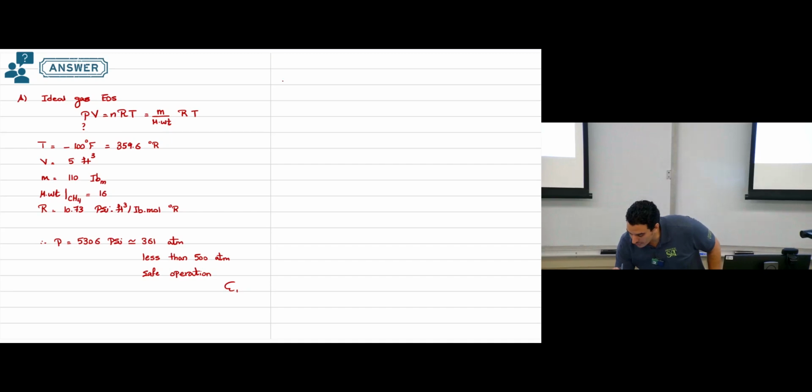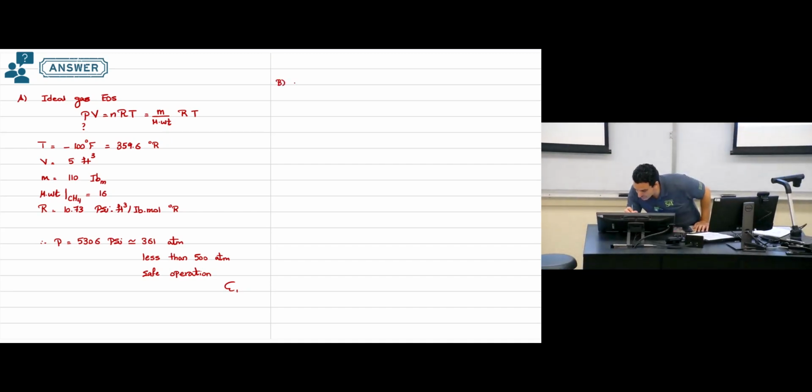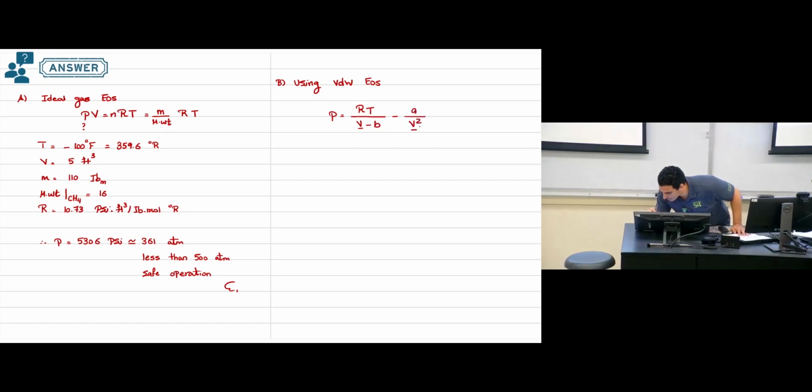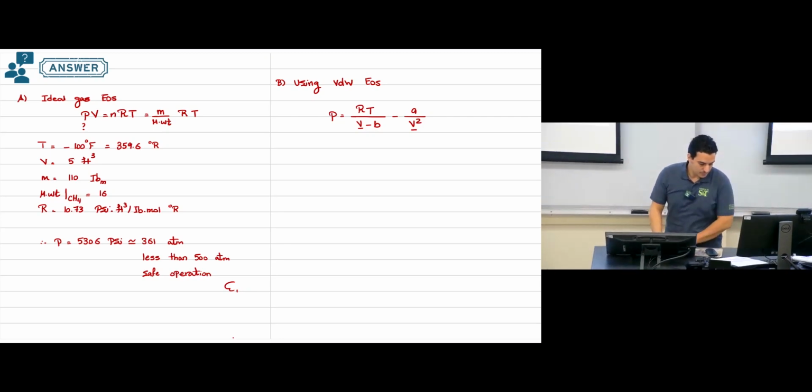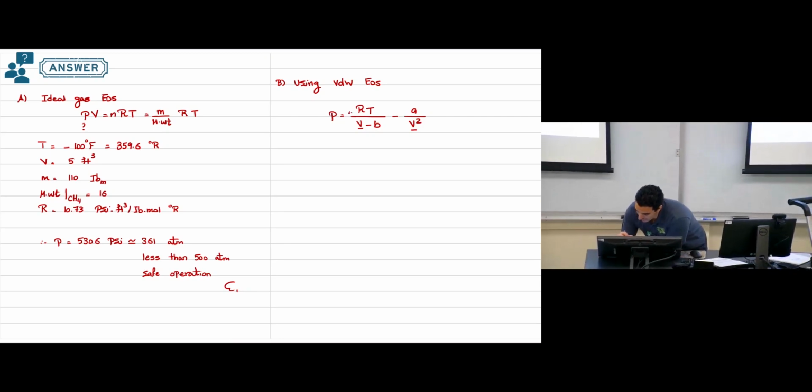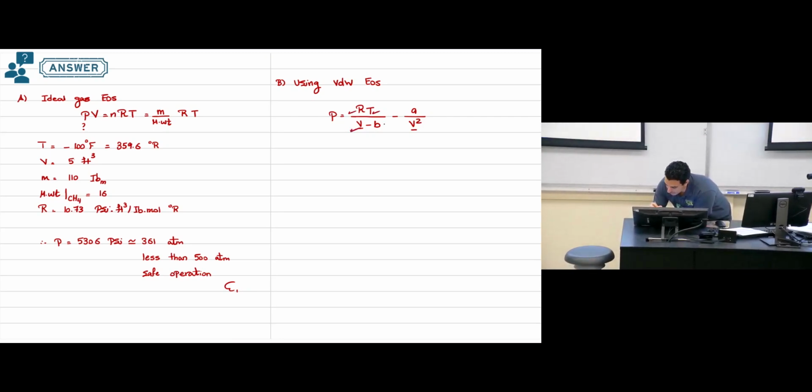If you repeat the calculations using the van der Waals equation of state, the pressure is RT over V minus B, minus A over V squared. Again, you have the value of R, the temperature is given, and the molar volume you can calculate: volume divided by number of moles.